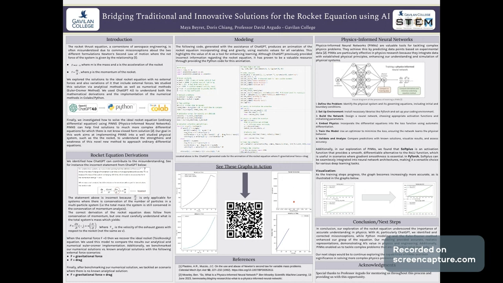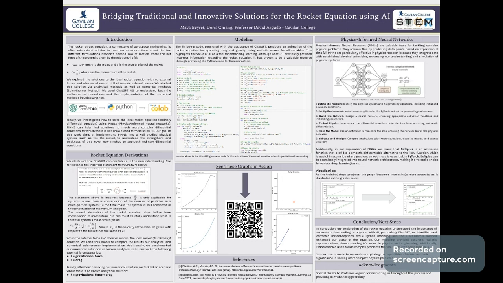In our exploration of PINNs, we found that SoftPlus was an effective activation for our specific model. And as you can see in this picture here, as the training steps increased, the graph became more and more accurate.